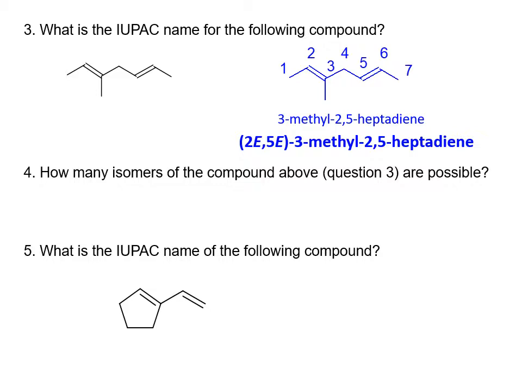So the 2 higher priority substituents are on the opposite sides, and therefore that's also an E double bond. So the correct name is 2E, 5E, 3-methyl 2,5-heptadiene.